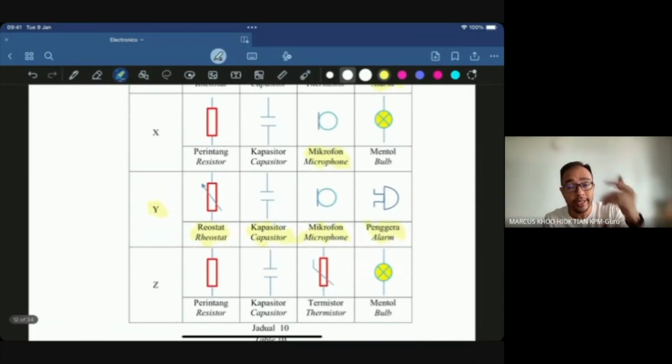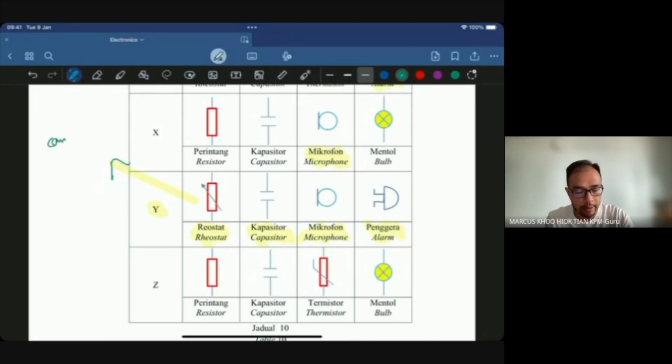So the reason for the rheostat: it can have changing resistance in order to switch on the transistor.